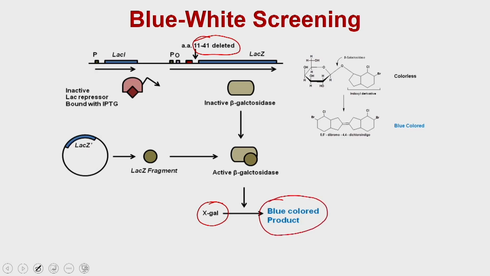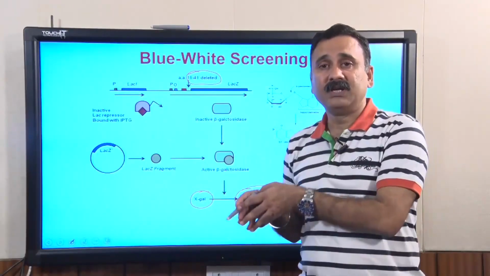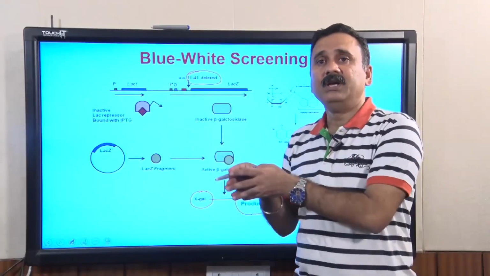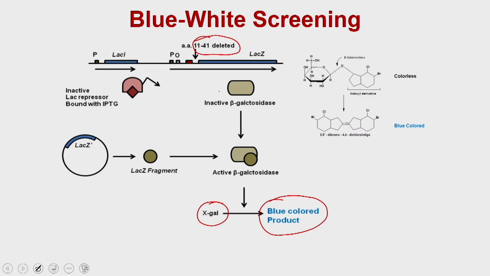Whereas if you clone a gene into the alpha peptide, the alpha peptide is not going to complement the LacZ, and because of that, when the recombinant DNA is transformed into the host, it is going to produce inactive beta galactosidase.